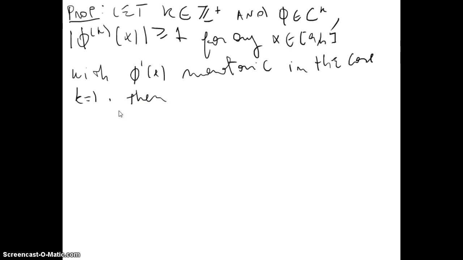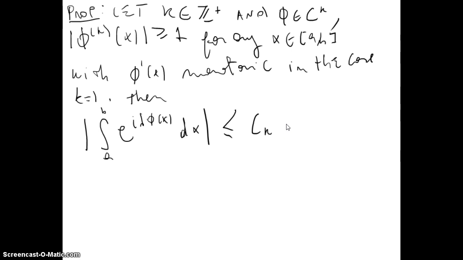Then the absolute value of the integral from a to b of e^(i lambda phi(x)) dx is less than or equal to a constant c_k lambda^(-1/k), and c_k is independent of a, b.